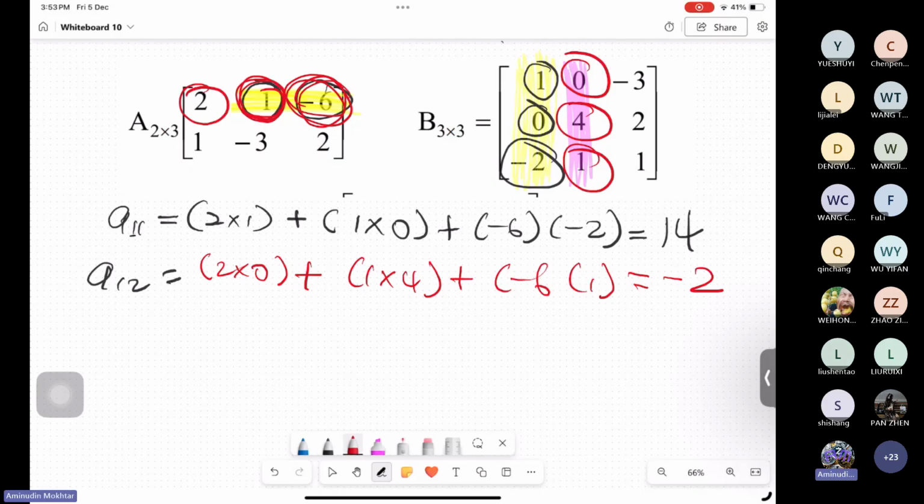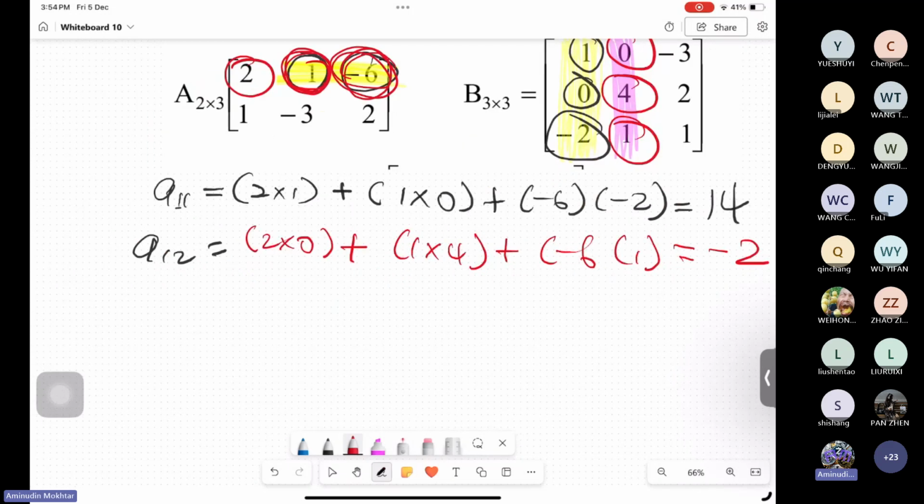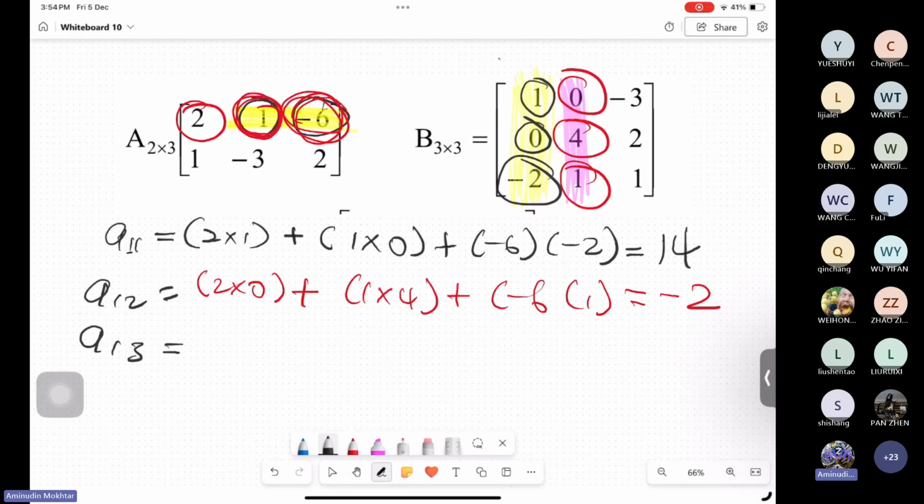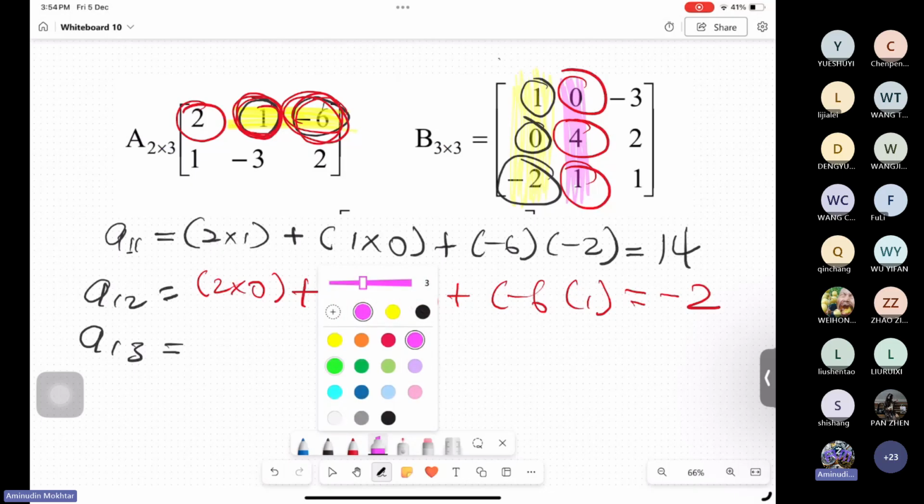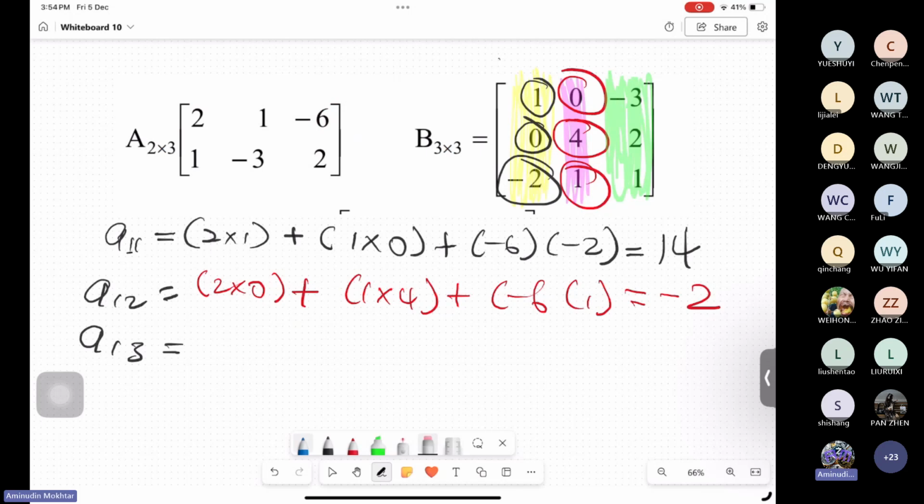Okay, the next one is the summation of product between the first row of A and the third column of B. What is the third column of B? Okay, this one: negative 3, 2, and 1. So again, we need to find the summation of product. The product first, we need to find the multiplication, and then we do the summation.